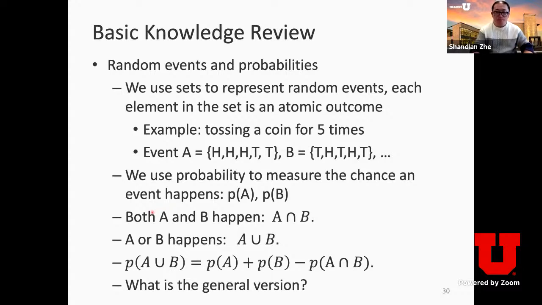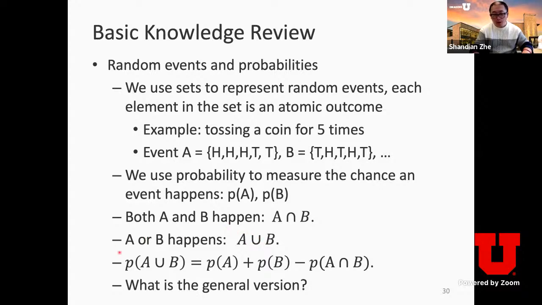Given events A and B, we can define a new event that both A and B happen. How can we do that? We just take the intersection of A and B. Another event can be defined as A happens or B happens, which in terms of set operations is represented as the union of A and B.